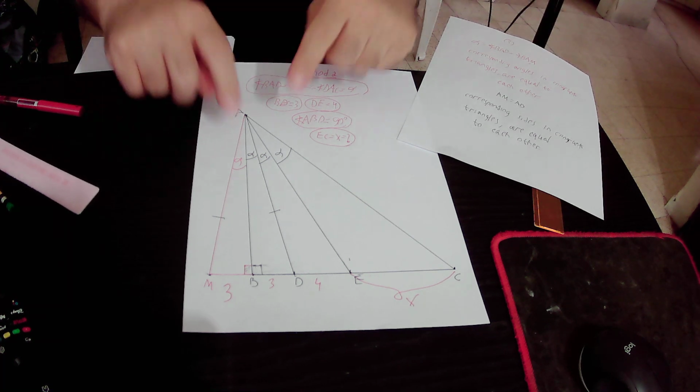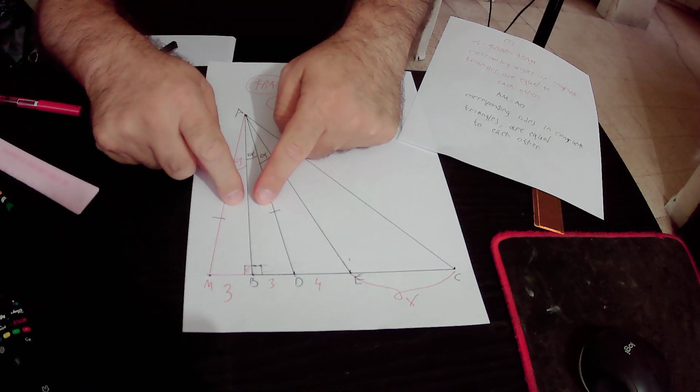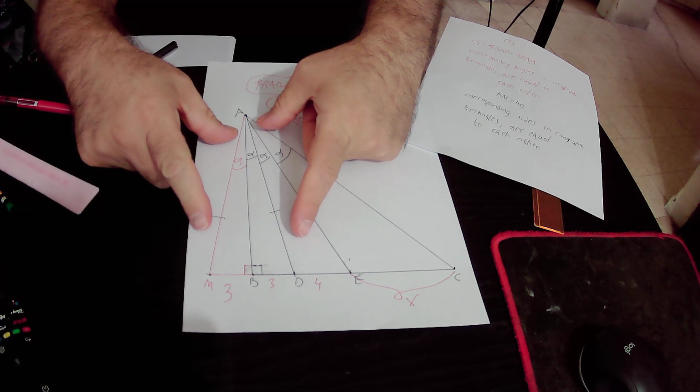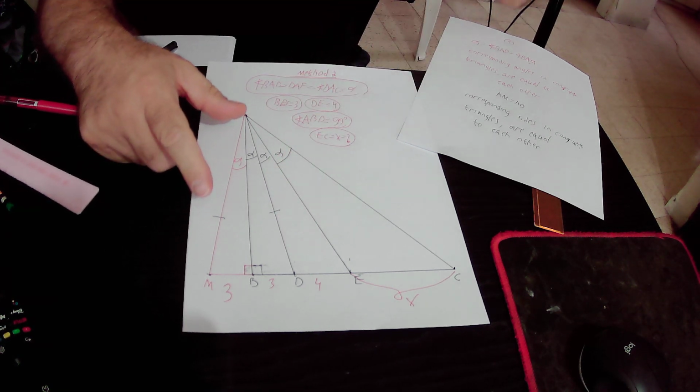Actually, those two triangles can go into each other, therefore the corresponding sides, that is to say AM and AD, will also be equal to each other.